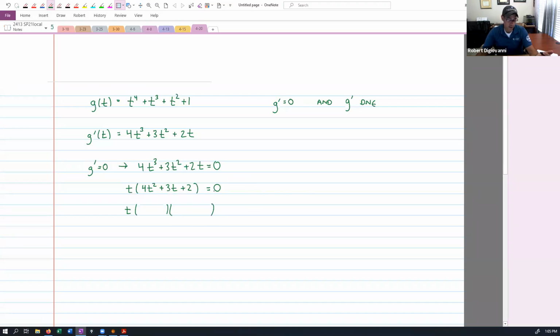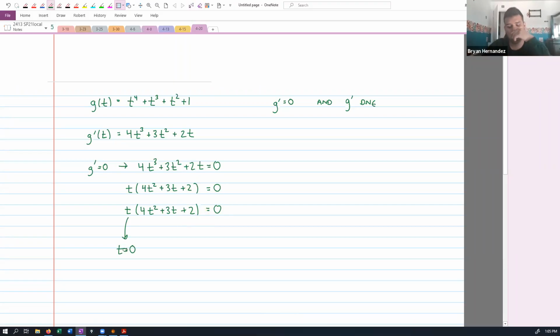Maybe 2t, t. I don't see that factoring. I don't think that factors. If it doesn't factor, then you'll have to use the quadratic formula. You with me? This gives you an answer, t is 0. And then this one, we have to set equal to 0 and use the quadratic formula.